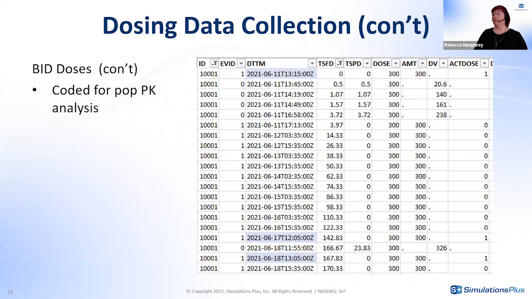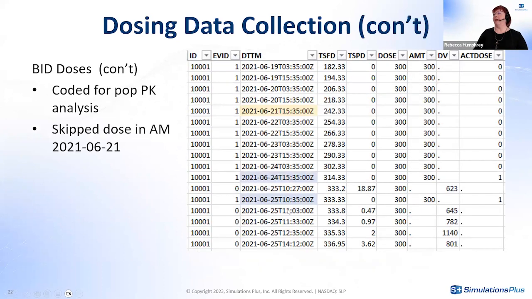As far as time for these created dose records, you're going to see that they were created with times of 1500 and 0300. And that time came from the first recorded pre-dose sample or dose for that subject.